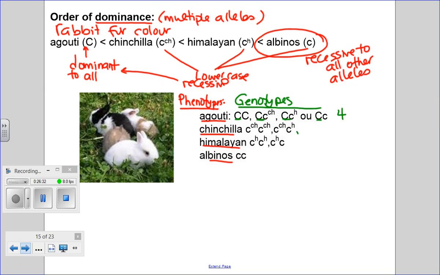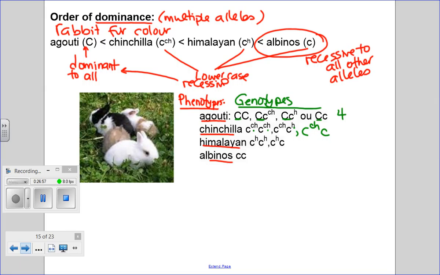Chinchilla is the second one, and if you have the printed notes, we have to add one. But for chinchilla, it will be the phenotype as long as agouti is not present. If it's there with any of the other alleles, so 2 chinchillas, chinchilla and Himalayan, or chinchilla and albino, for any of those, chinchilla is what you get.